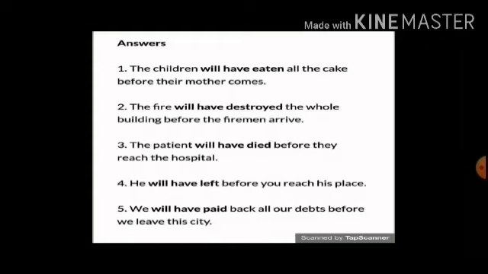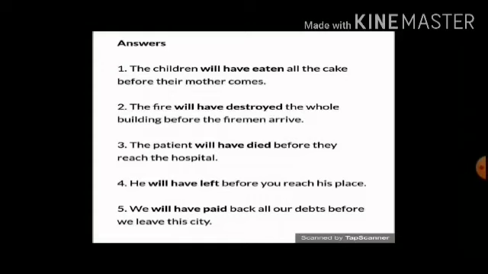Okay, so now using the same sentences, shall we try negative and interrogative sentences? Yes, we can give a quick try. So adding not after the helping verb, we'll get our negative sentences. It is very easy. So shall we read it very quickly? Yes. The children will not have eaten all the cake before their mother comes.